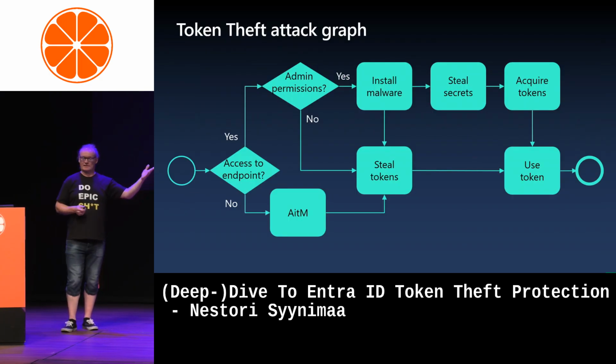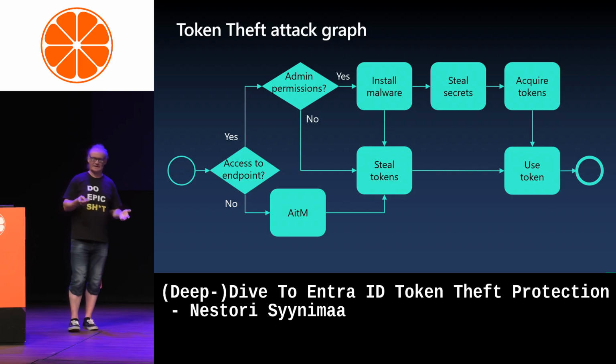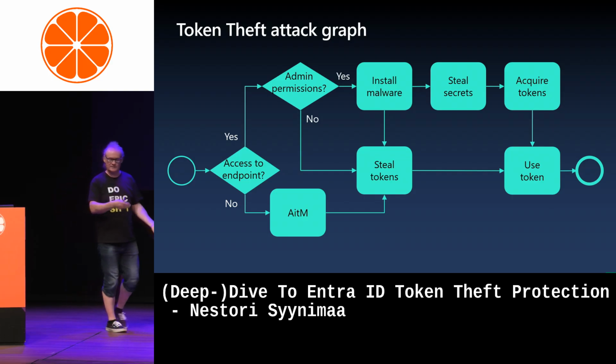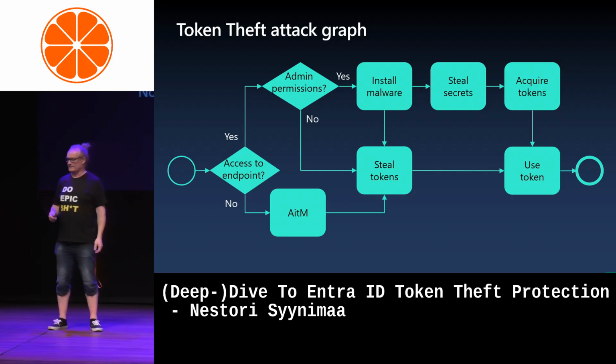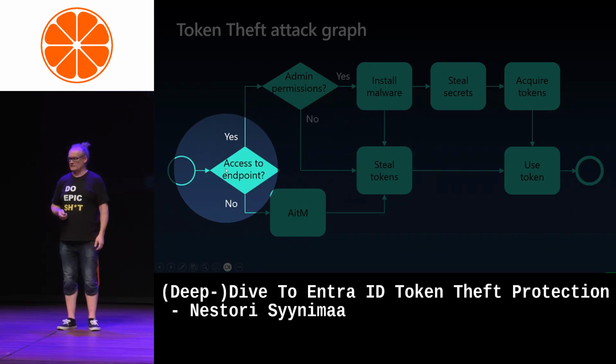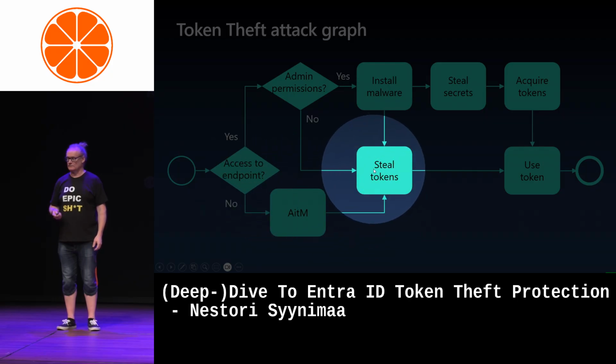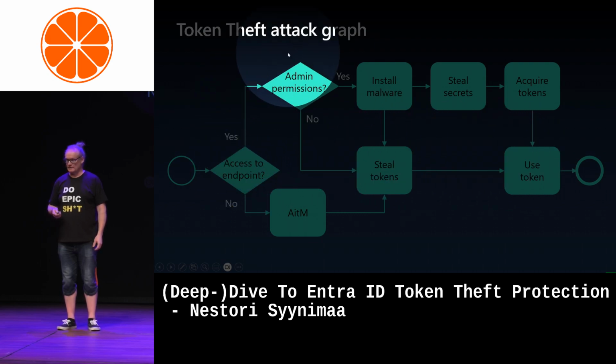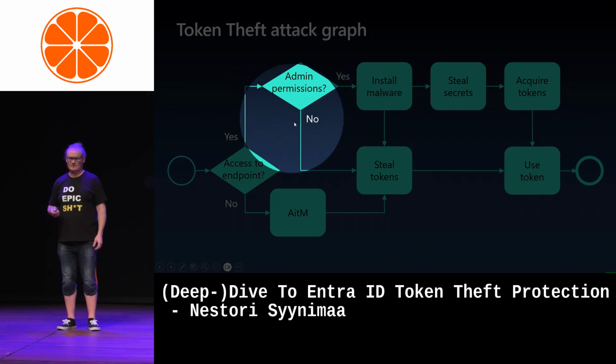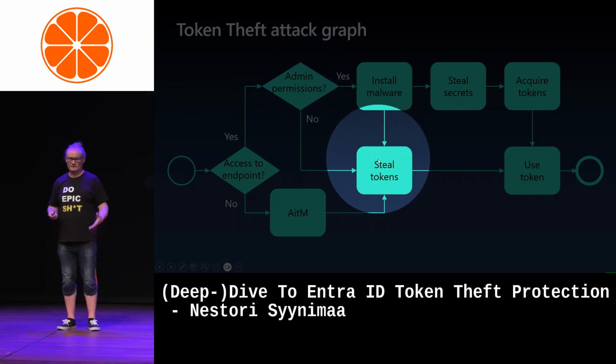Okay, so here's the graph that explains what options you have to get that access token. If we start from here: do you have access to that endpoint? If not, then you need to use adversary-in-the-middle kinds of attacks, steal those tokens and use them. If you have access to that endpoint but don't have admin permissions, then you can just steal those tokens that are in the browser, for instance.